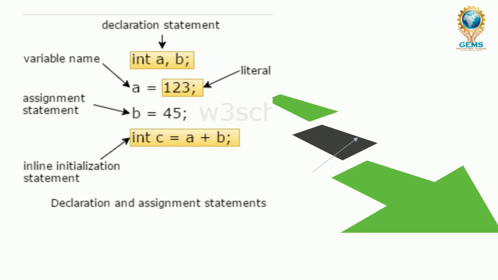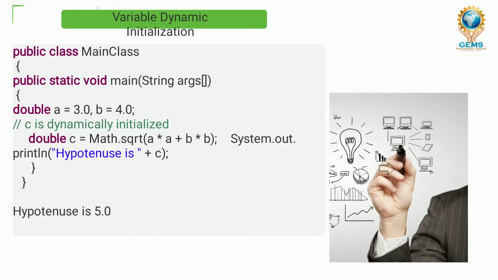Inline initialization statement: declaration and assignment statements. Here, we are declaring the variables and at the same time initializing them. Int a comma b semicolon is called declaration. A equal to 123 and b equal to 45 is called initialization. I hope that you understand this concept clearly.